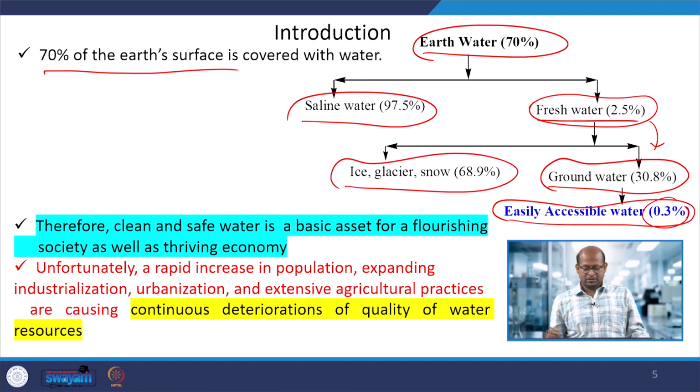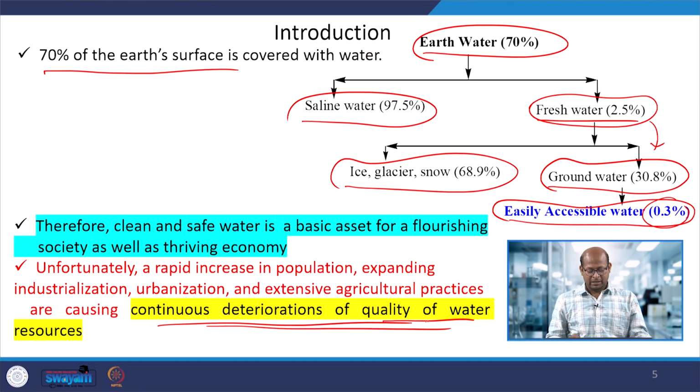Due to the rapidly increasing population and expanding industrialization, urbanization and extensive agricultural practice, contamination is causing water quality to gradually deteriorate day by day.